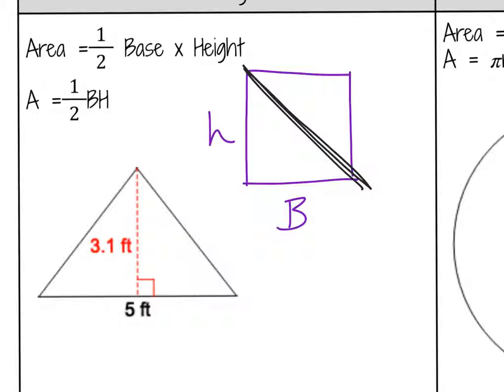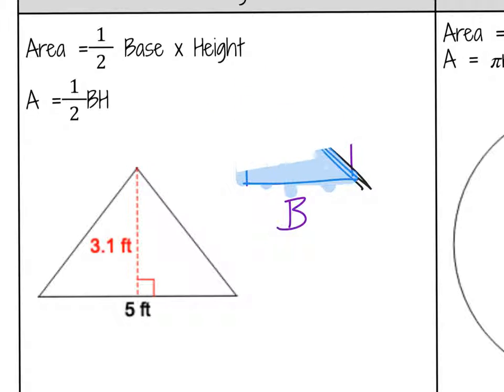So I can cut it in half, and I get a triangle from that right here in blue. So if I take the area of the square and split it in half, that gives me the area of a triangle. That's why it's 1/2 base times height. I'm just going to erase that real quick. Just a quick explanation.